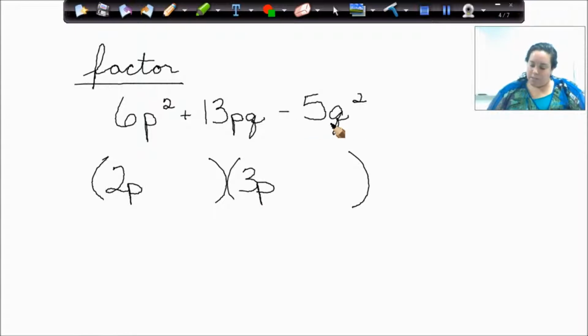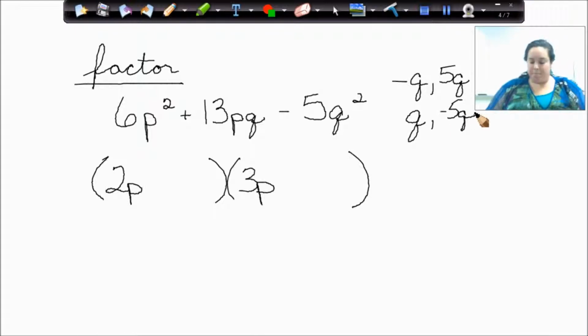And then we need two things to multiply to give us negative 5q squared. So we could have negative q and 5q. We could have positive q and negative 5q. And I think these are our only options.